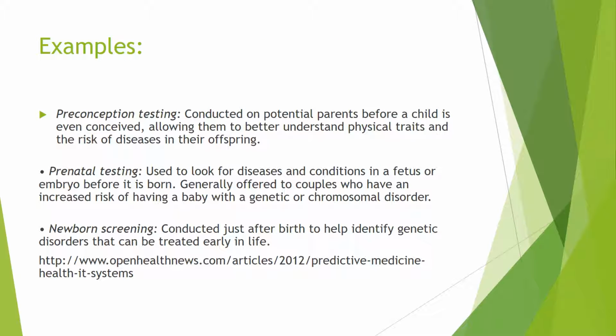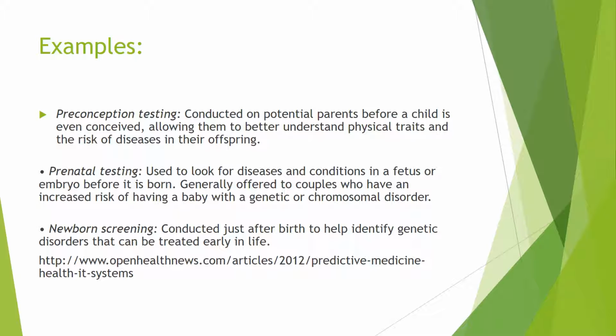Here are some examples. Preconception testing, conducted on potential parents before a child is even conceived, allowing them to better understand physical traits and the risk of disease in their offspring.